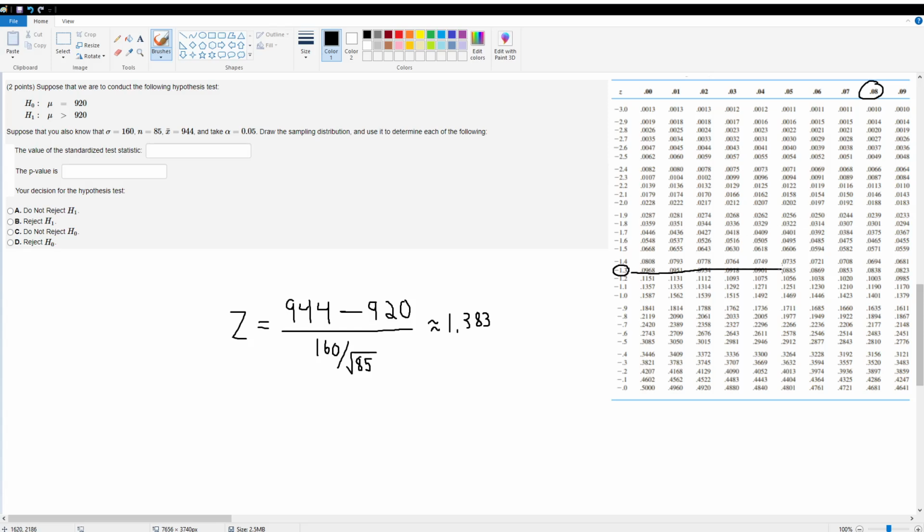If you do that, then you get your p-value of about 0.0838.